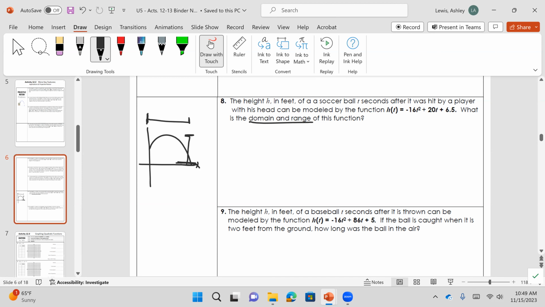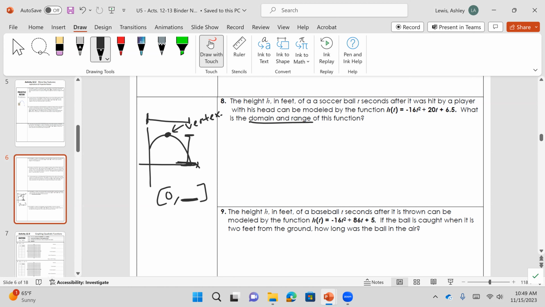The highest height would be the maximum and the lowest height would be the ground, so the range is from 0 to that highest height. Does that make sense? Okay, so we need to find that vertex.